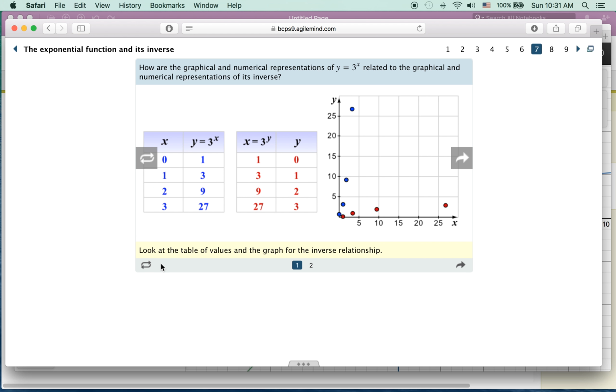Okay, so you can see that these are symmetric about y equals x, which would go right along the middle of these.